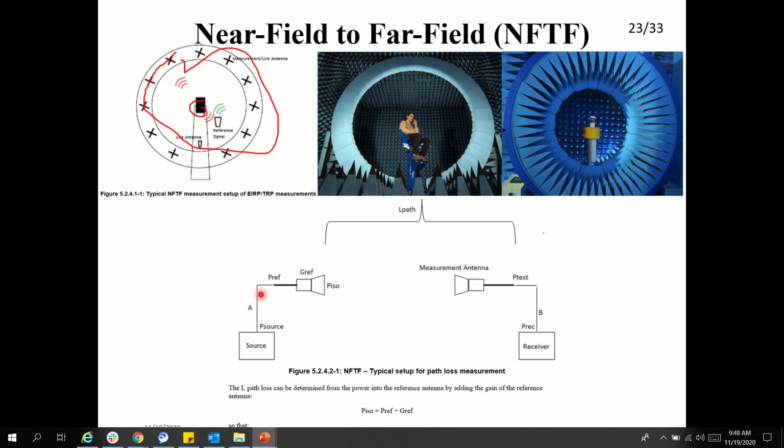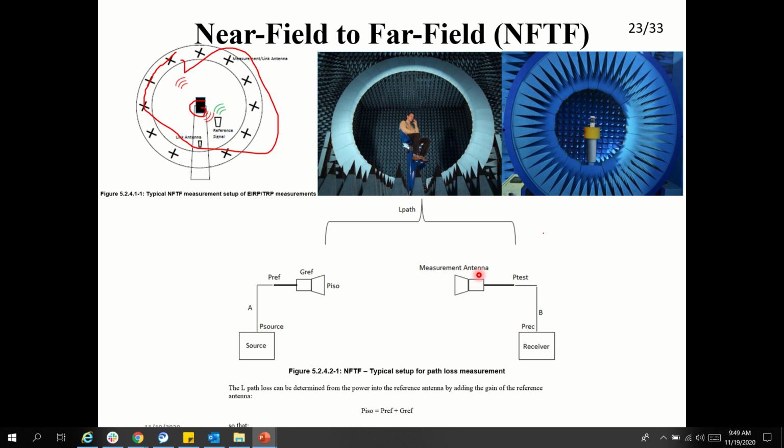I can just mount these antennas and find out what power is received. The source is there, and you send a reference power, and the gain of this antenna is known. So what will be the power at this aperture? It is the reference power plus the gain of the antenna, which in dB is P reference plus G reference.